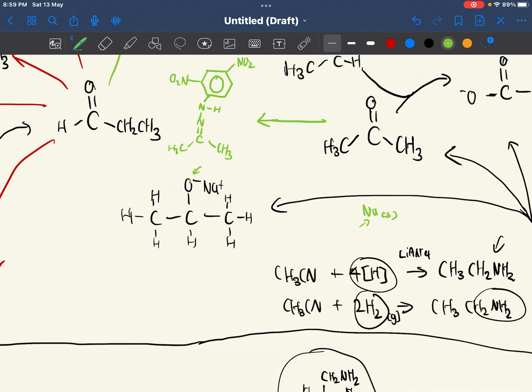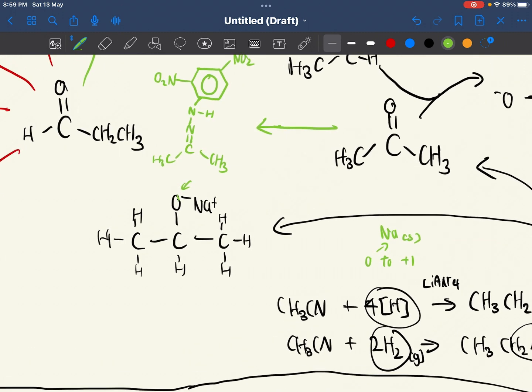So Na's oxidation state went from 0 to +1. Okay, so it's a redox reaction.